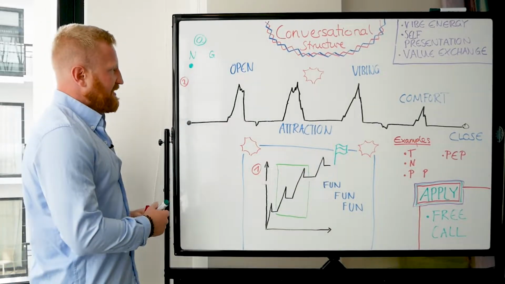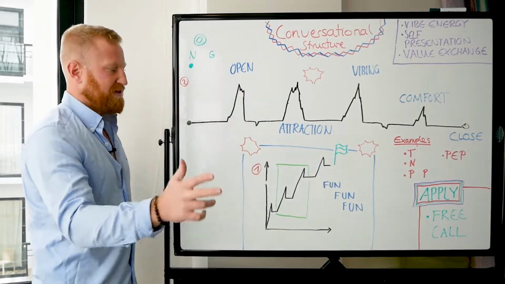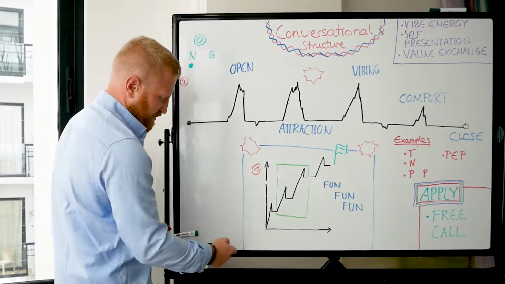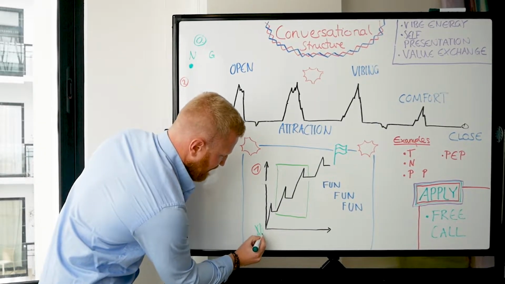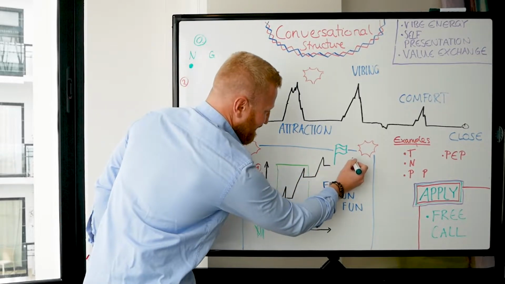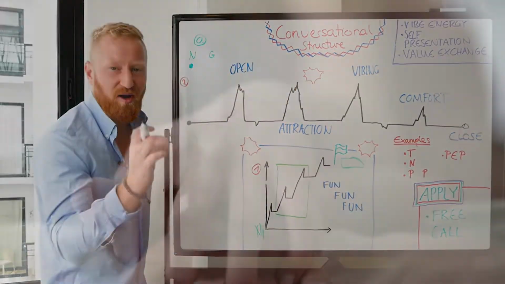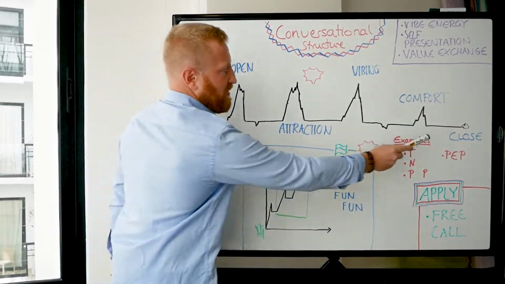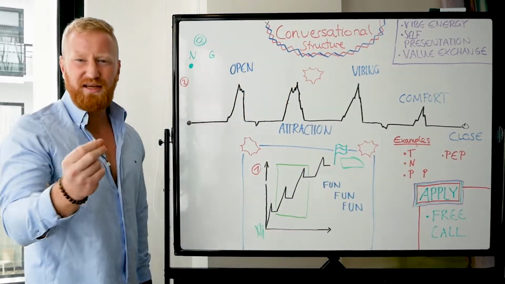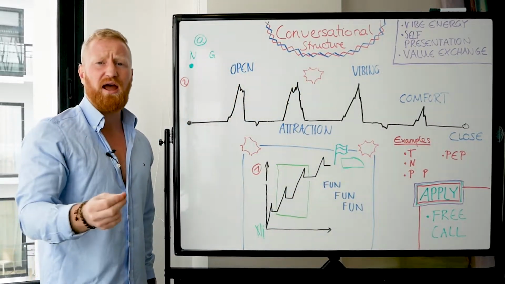Basically we have three types of diagrams here. This is from when you say hi to a girl to your goal, your bedroom. This diagram shows the interaction from hi to phone number and the initial conversations that you're having with a girl.